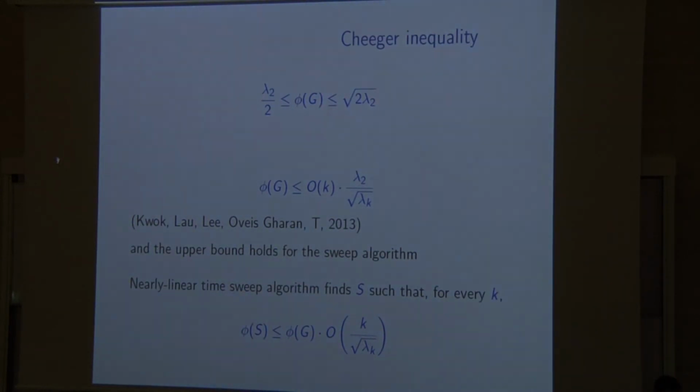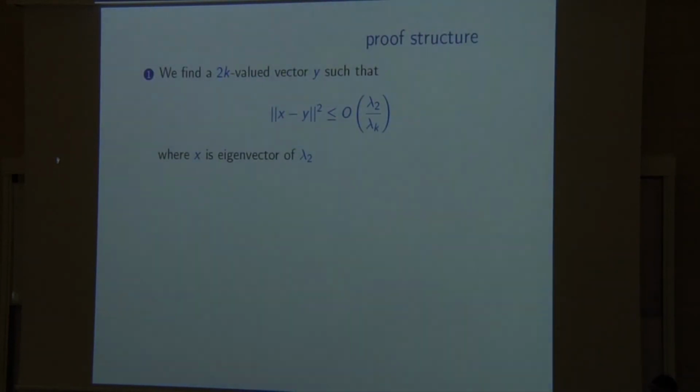Is this for every fixed k or for every k? This is for every k, although for very large k you get diminishing returns because it also appears in the approximation error. So I'll tell you something about the proof of this result. It comes in two parts. The first part is a structural result about graphs where lambda 2 is small and lambda k is large, graphs where there is this kind of spectral gap.